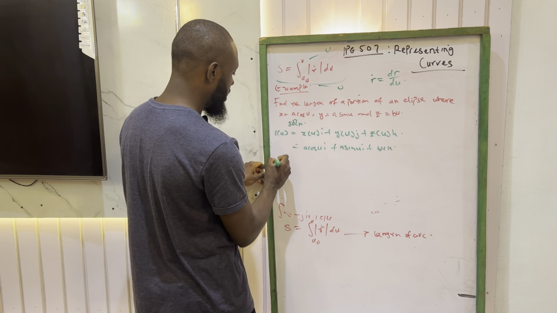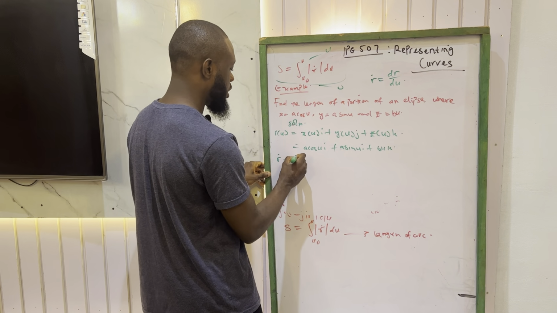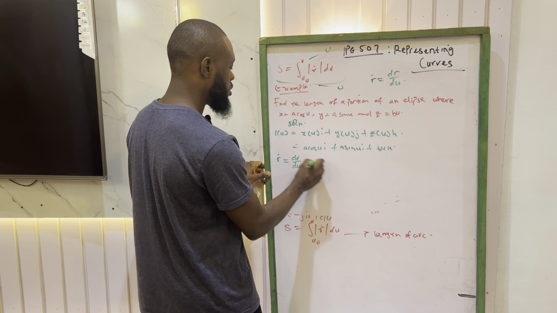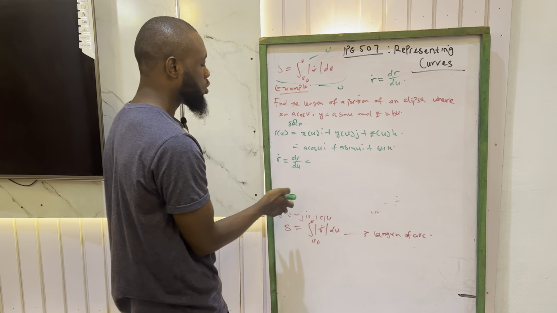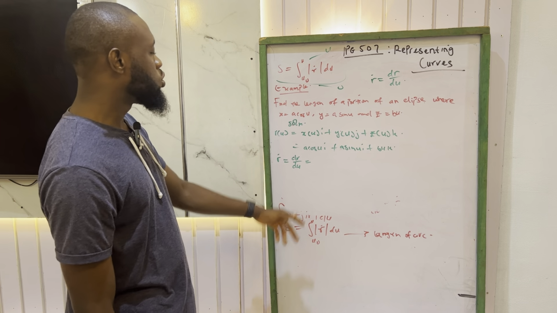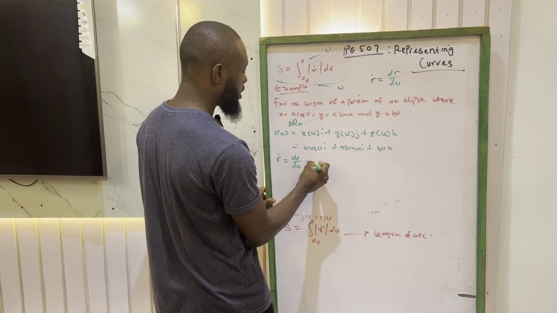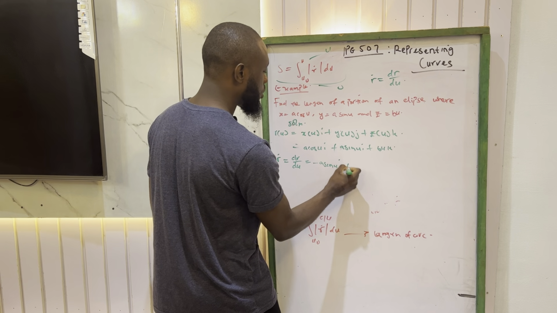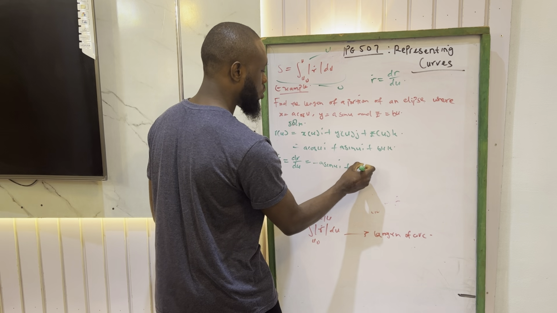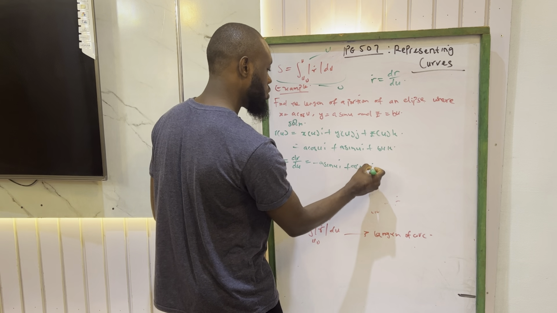So we can say the R du is equal to, let's differentiate each term of this equation with respect to u. So a cos u i will give minus a sin u i, plus we get a cos u j, sorry.